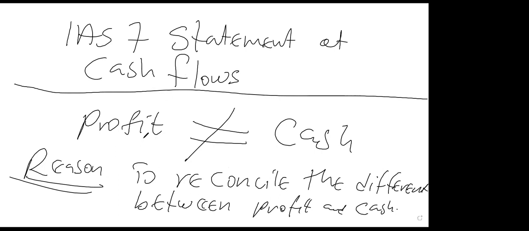Then how do you prepare it? We match all cash, cash that flows in and cash that flows out. So we can go further and say we prepare it by matching all cash inflows against cash outflows.